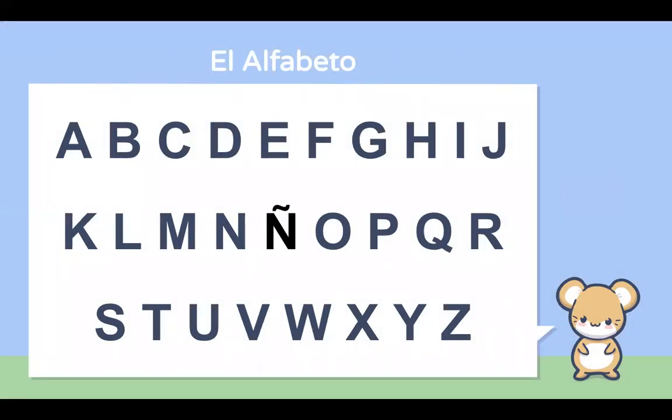So here is a slide of el alfabeto, the Spanish alphabet. In the English alphabet, there are 26 letters that you know of from A all the way to Z. But in el alfabeto, there are 27 letters. Can you figure out which letter is the extra one? I'm gonna give you about 10 seconds to see if you can figure out which letter is the extra one here.